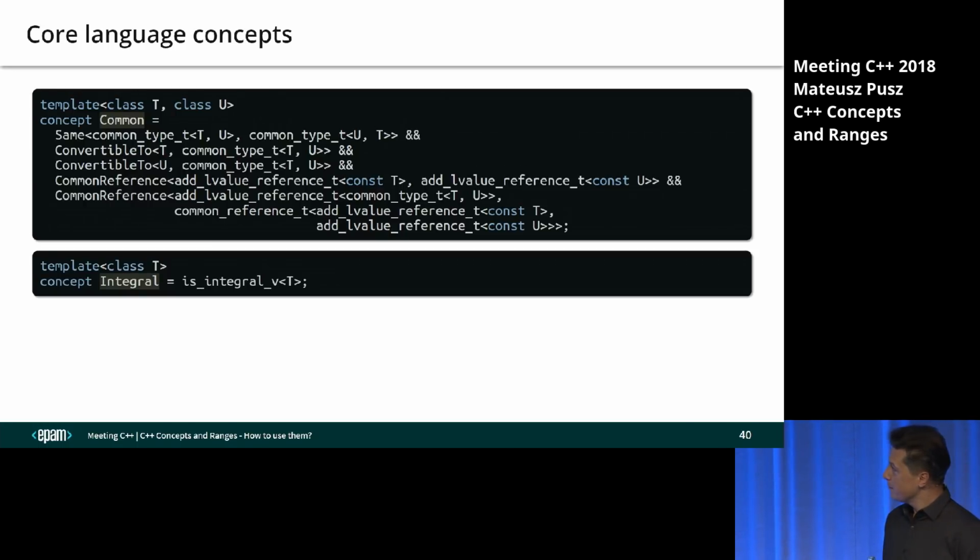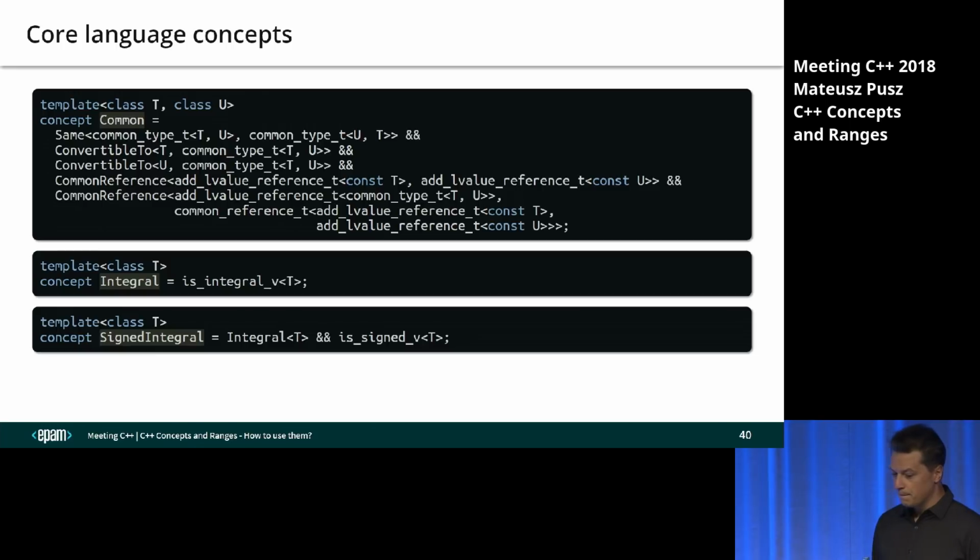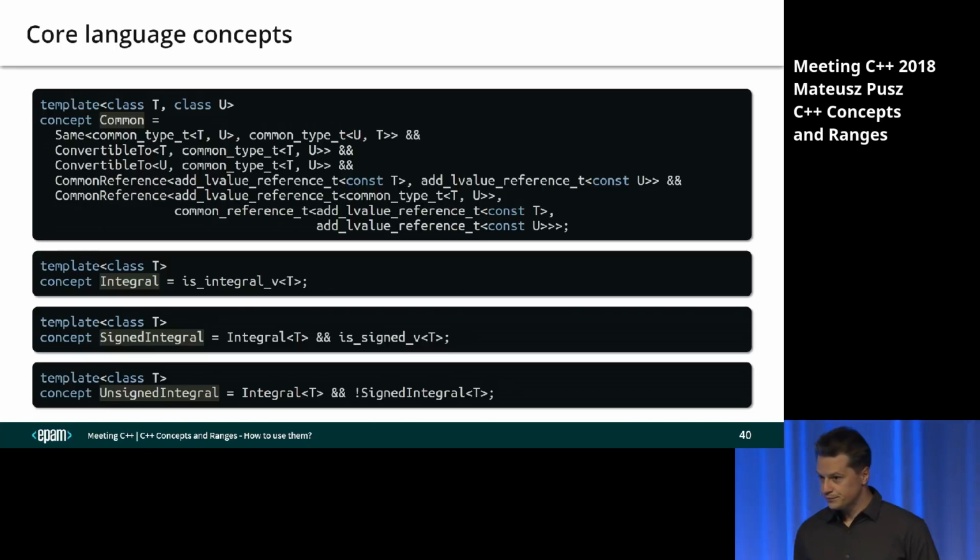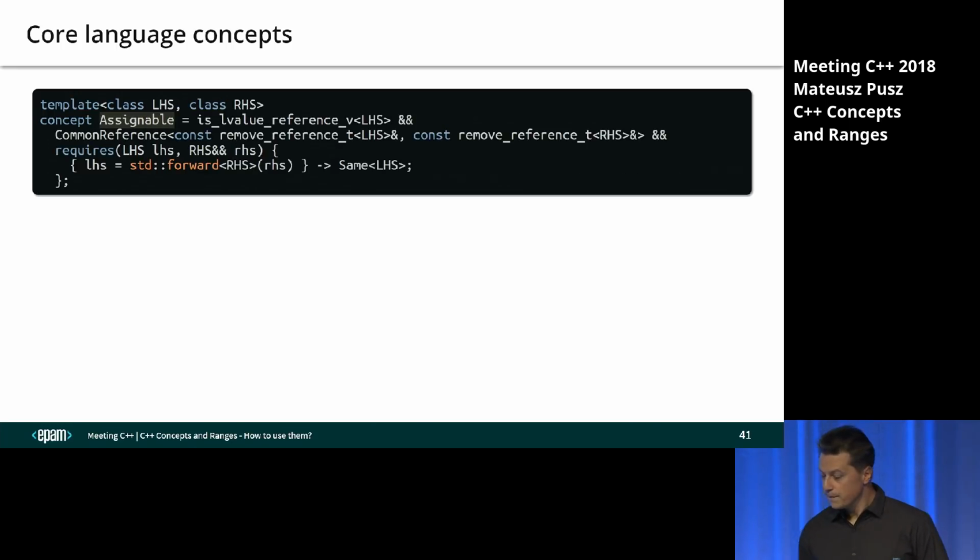We have integral, signed_integral, and unsigned_integral. Something is assignable when the left-hand side is an lvalue reference, when it has a common reference with the right-hand side, and given a left-hand side and right-hand side, we can assign the right-hand side to LHS, and the result of it will be the same as LHS.